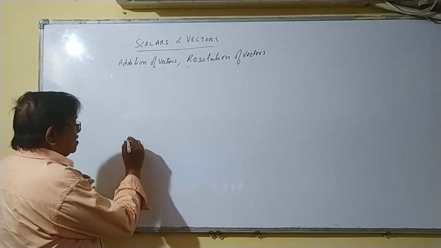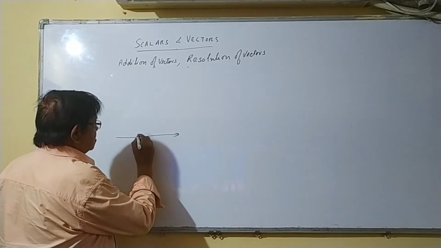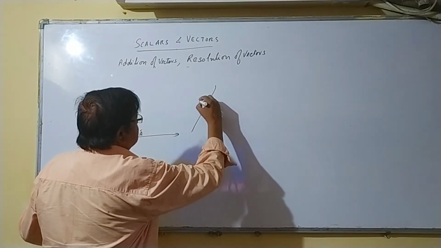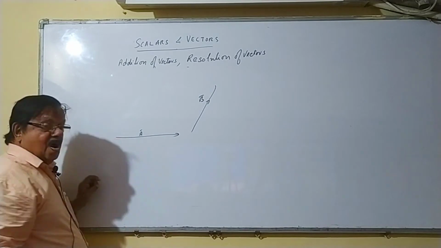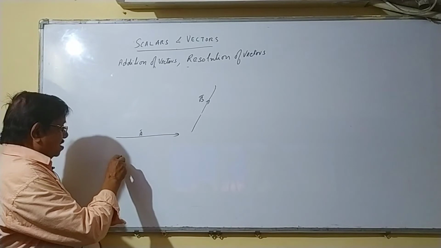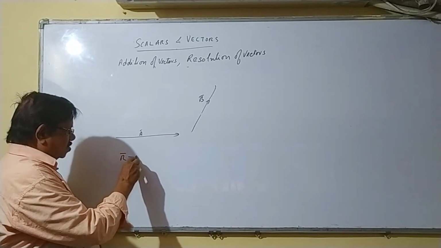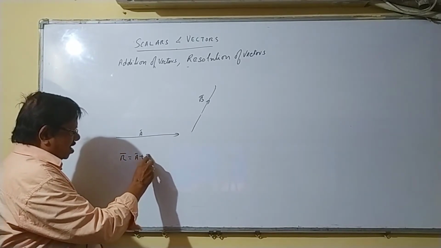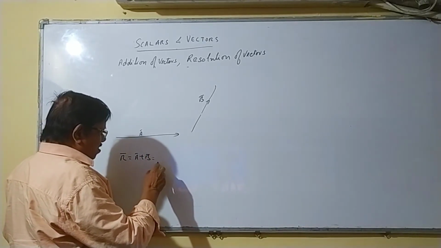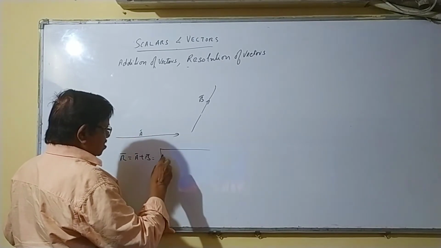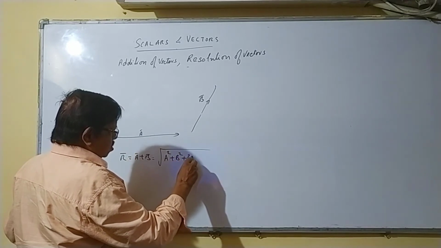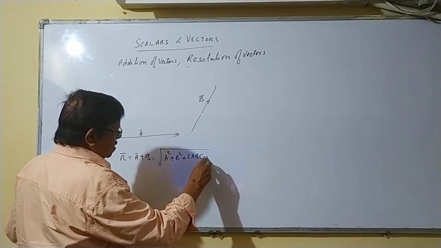One vector like this is vector A, and another vector like this is vector B. If I want to add vector A and vector B, the resultant vector equals A plus B. I gave you the formula here: resultant R equals the square root of A square plus B square plus 2AB cos theta.